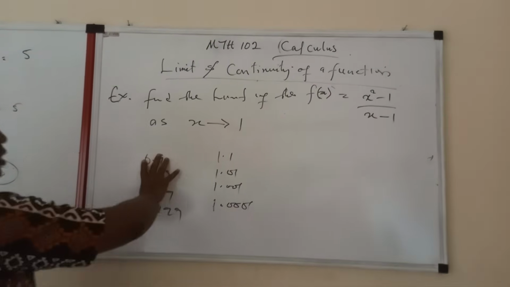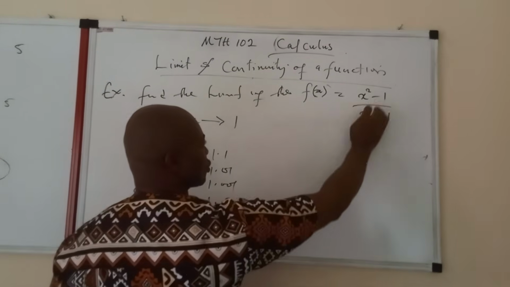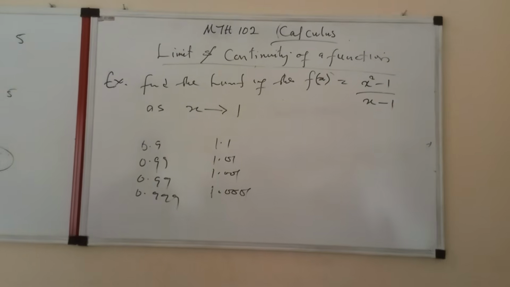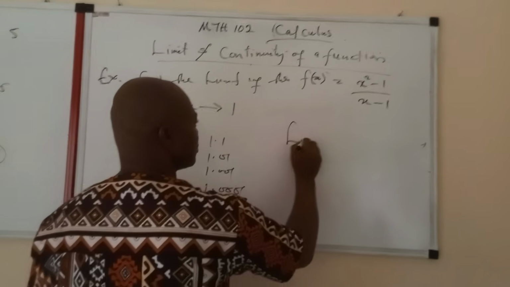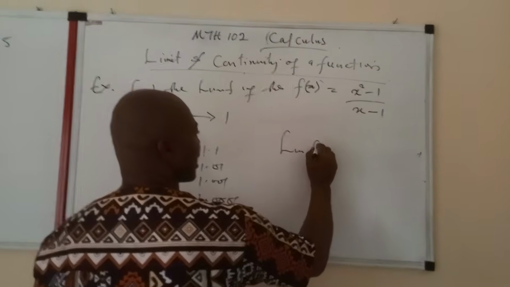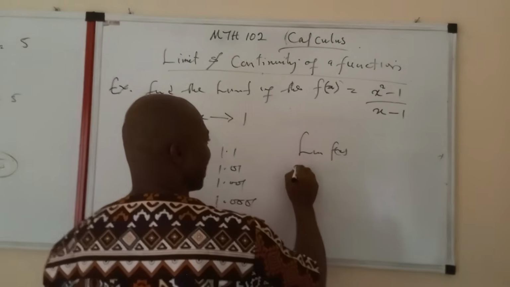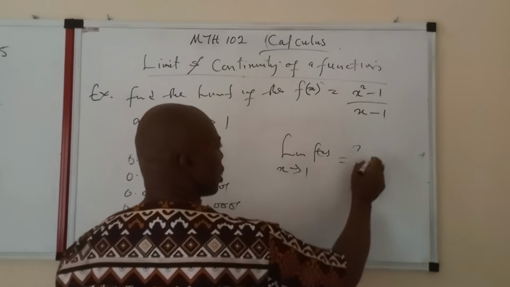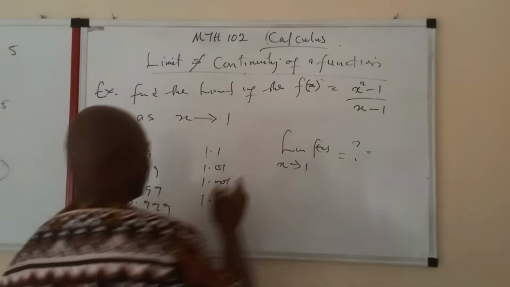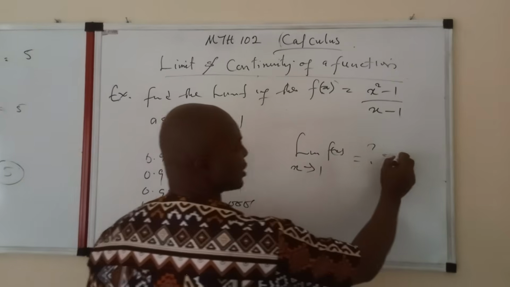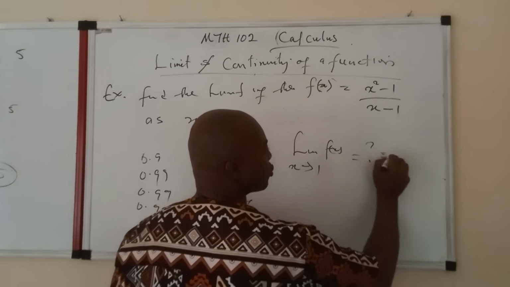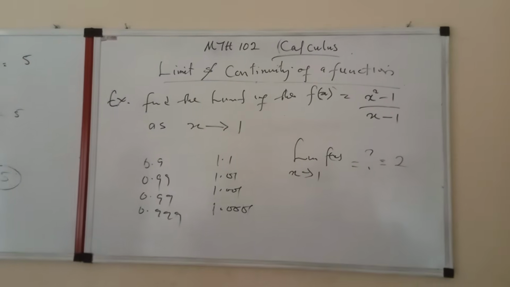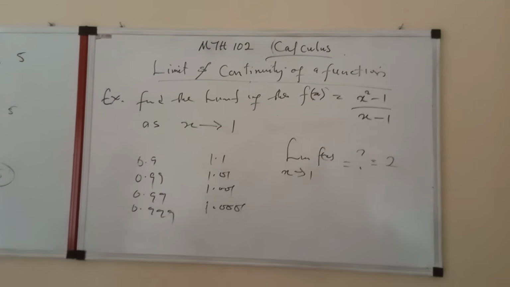Now, if you put these into this expression and simplify, what is the limit of f of x, where this is f of x, as x tends to 1? When you consider this side, you will see that it is approaching 2. I want the class to check that to ensure that it's correct.